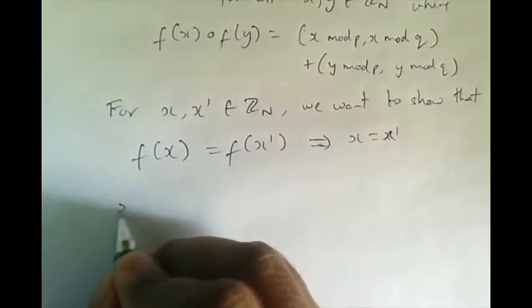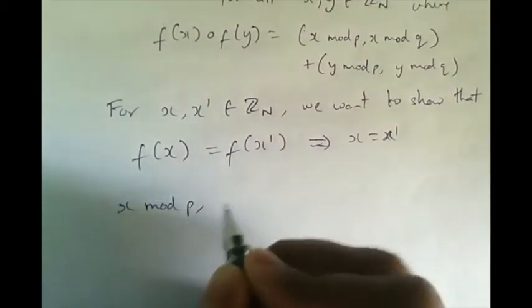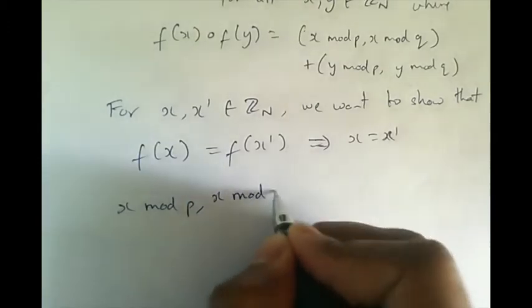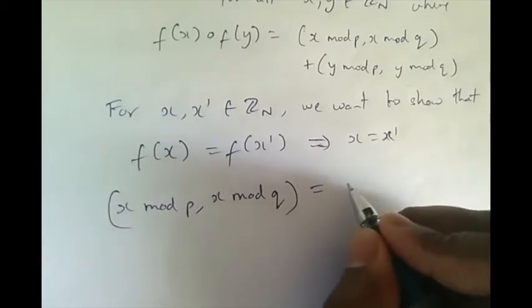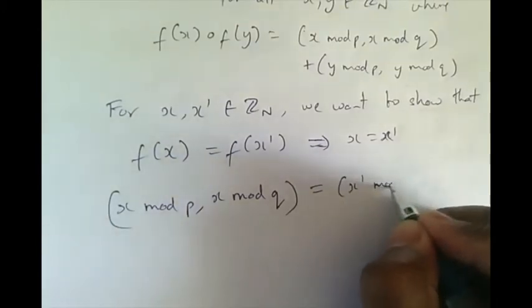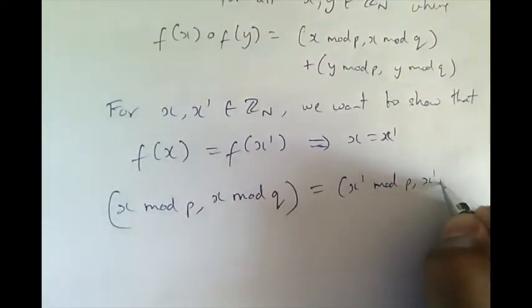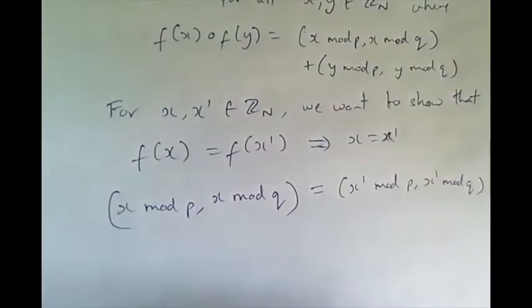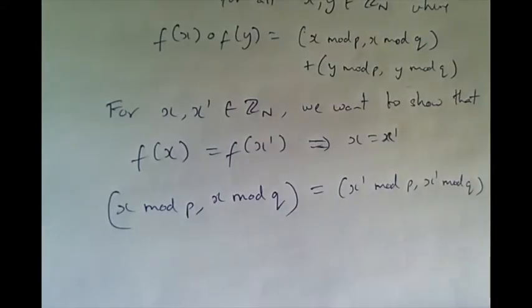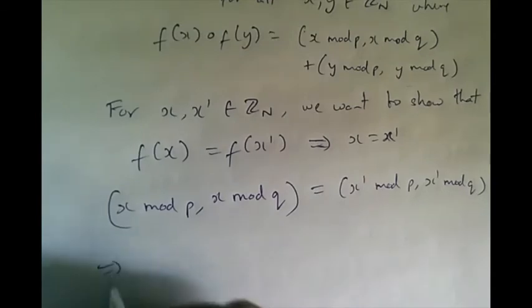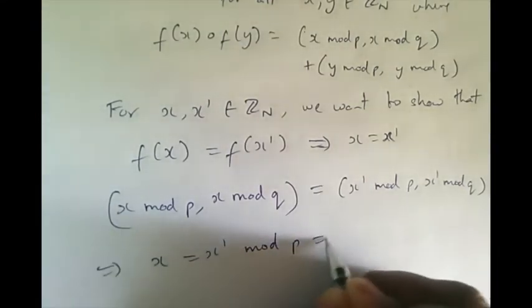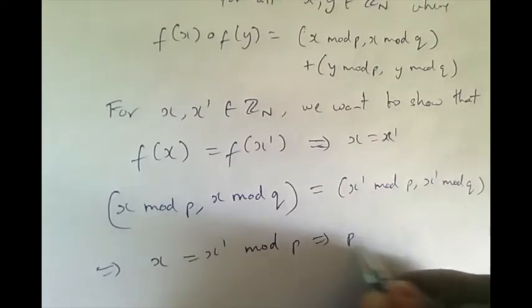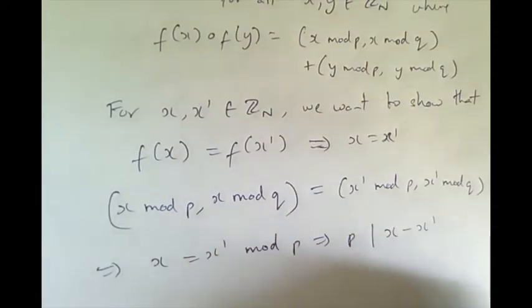So f of x is x mod p and x mod q. That is equal to x prime mod p and x prime mod q. So this implies that x equals x prime mod p, which implies p divides x minus x prime.